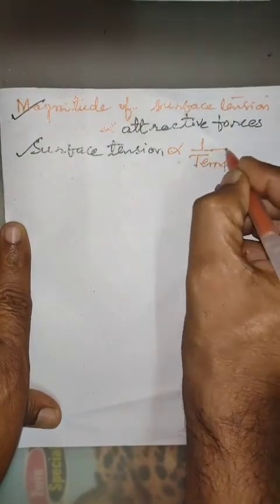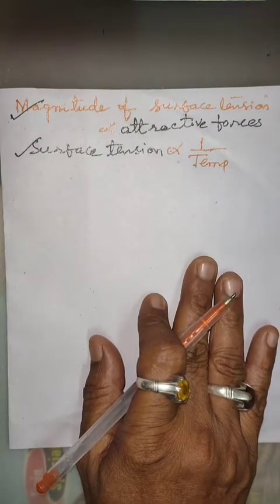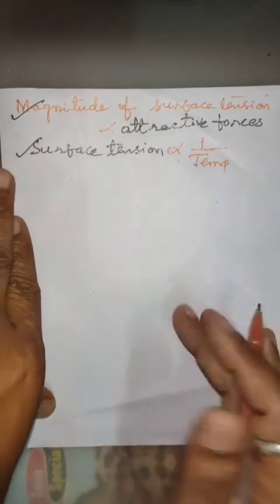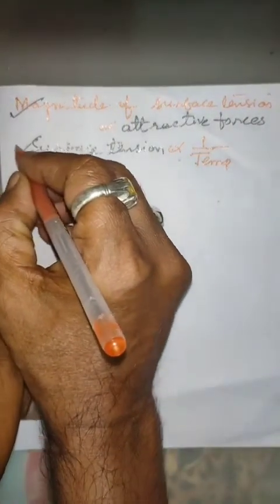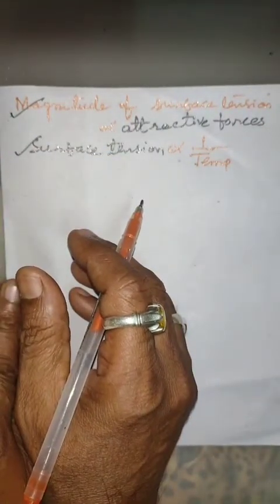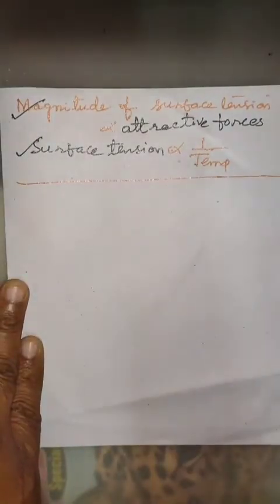As temperature increases, what will happen? Energy is more. If more energy is there, in order to reduce the energy, then they come into spherical shape. These are the 2 points towards surface tension. After that, we shall move to another property of liquids.